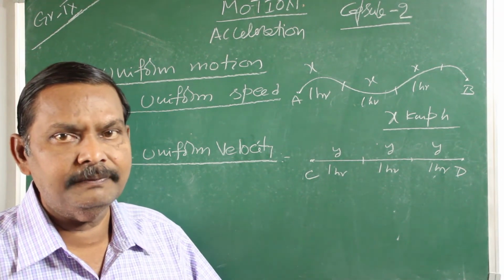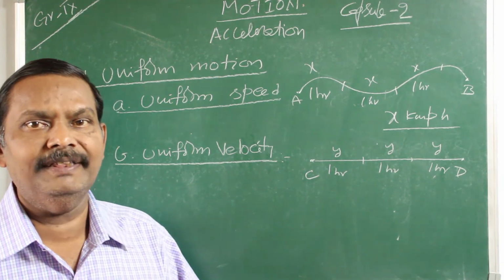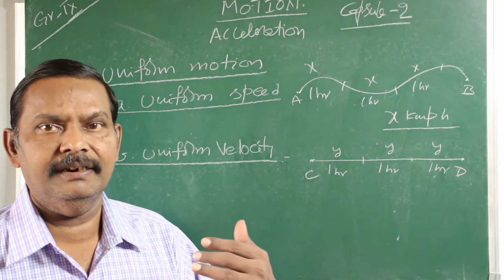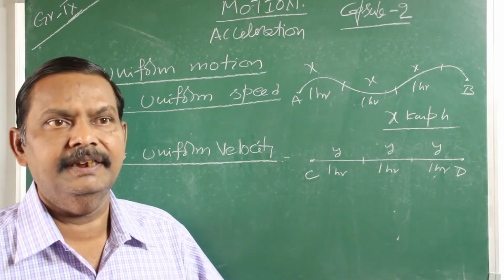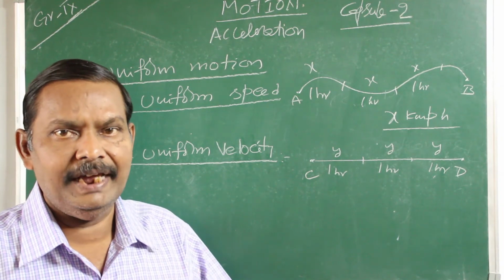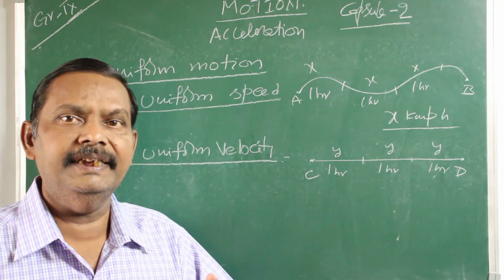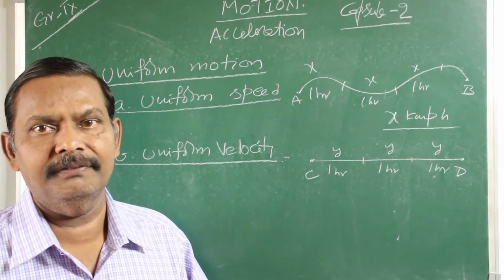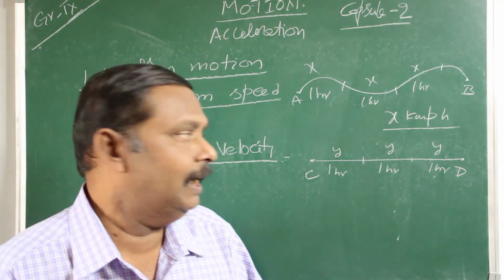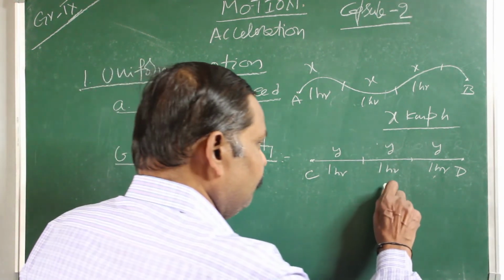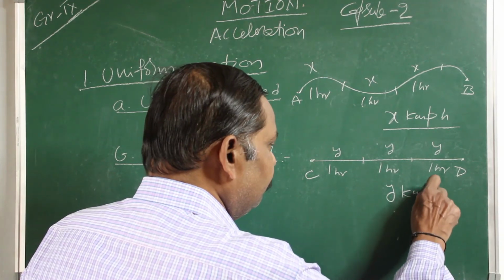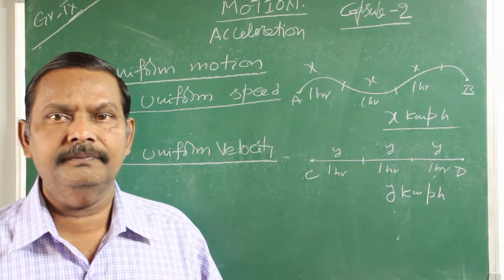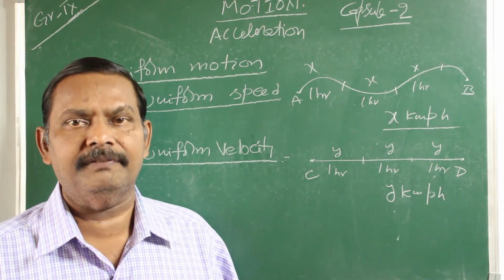So the displacement is the same when the time intervals are the same. That means the body has equal displacements in equal intervals of time. In such a condition, we will say the body is traveling with a uniform velocity. And of course, the uniform velocity is y kilometers per hour.